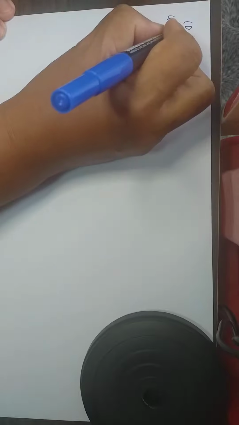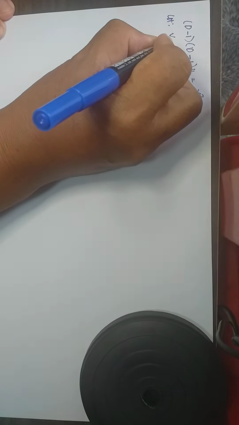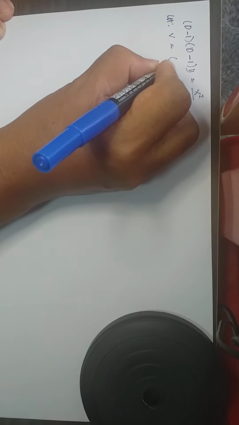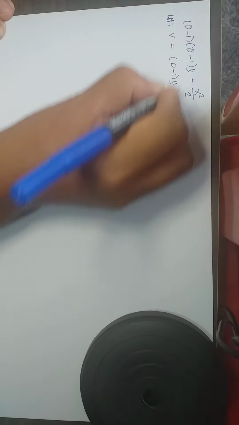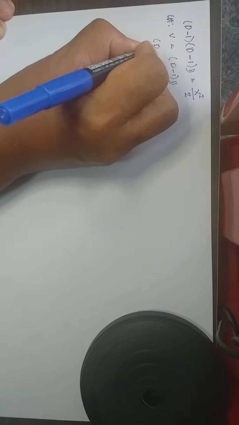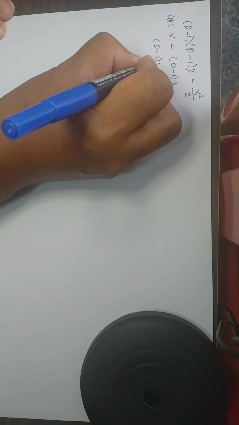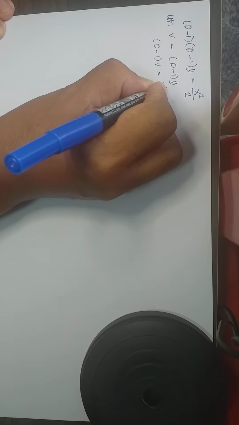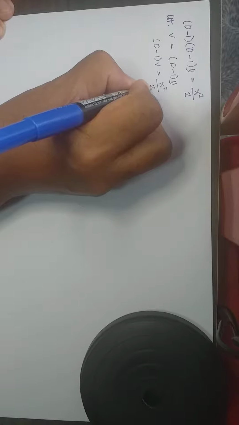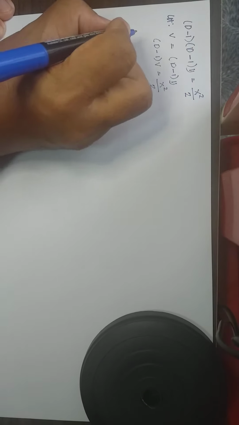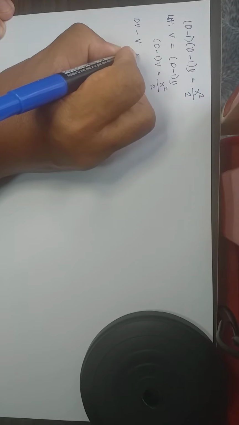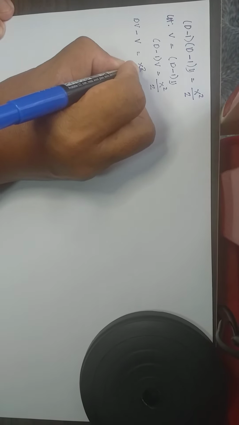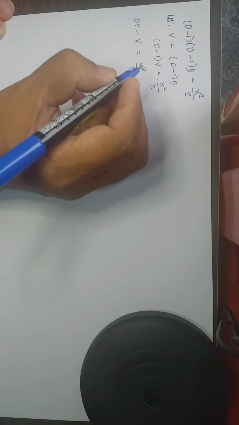So we have to let, again, v be equal to d minus 1y. So the solving becomes d minus 1v is equal to x square over 2. Or this is dv minus v is equal to x square over 2.